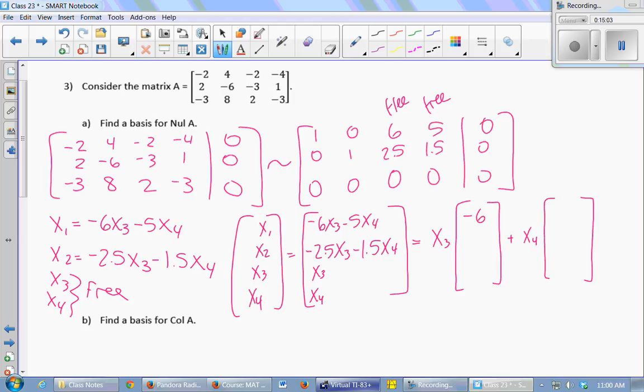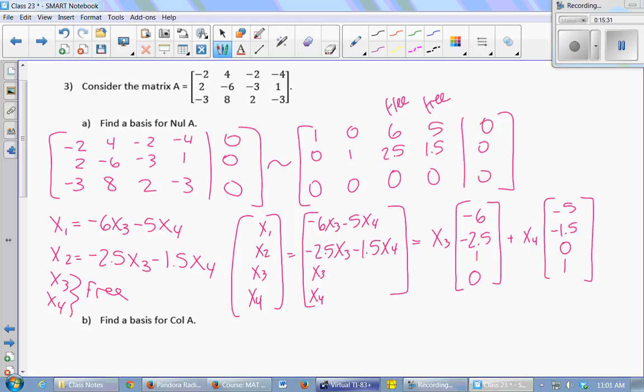And then I moved the 6 and the 5 over. All right, and then in the x2 entry, the coefficient on x3 is a negative 2.5. In the x3 entry, the coefficient on x3 is a 1. And in the x4 entry, there's no x3, so I put a 0. And then my x4 vector, I'm going to have negative 5, negative 1.5, 0, and 1.